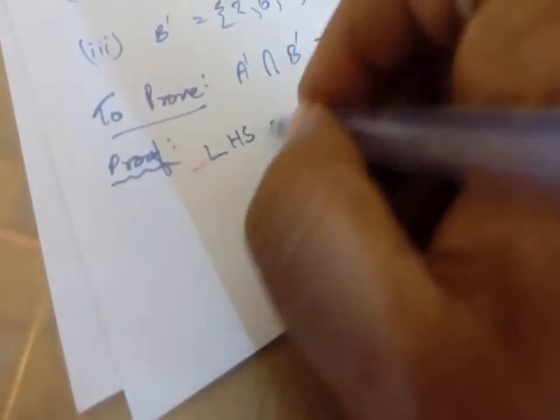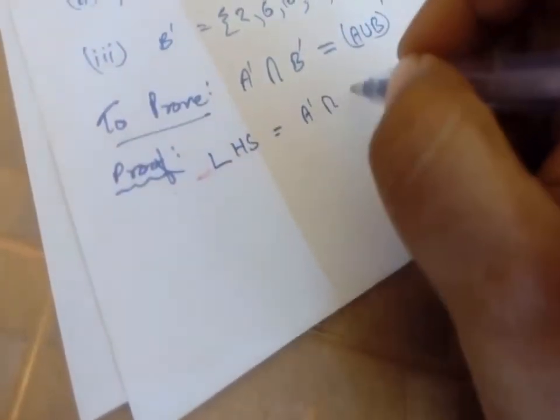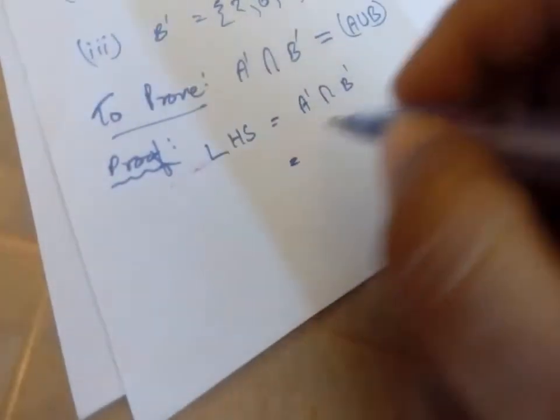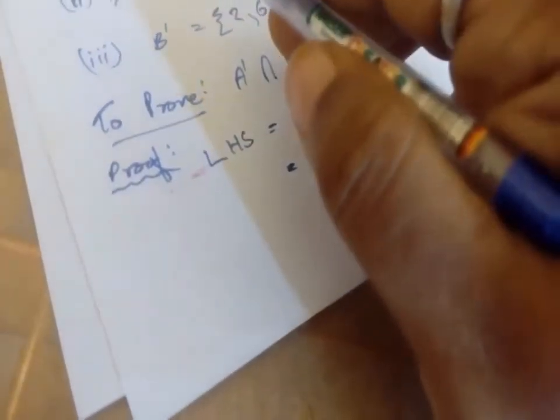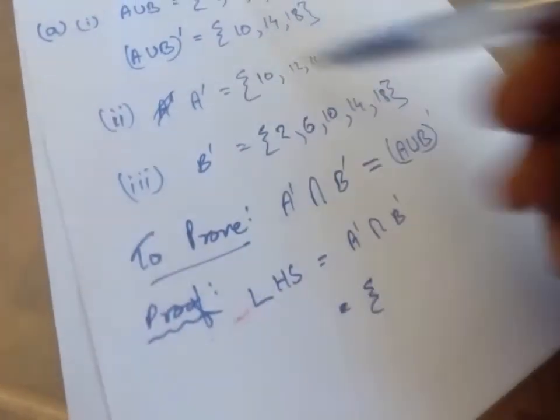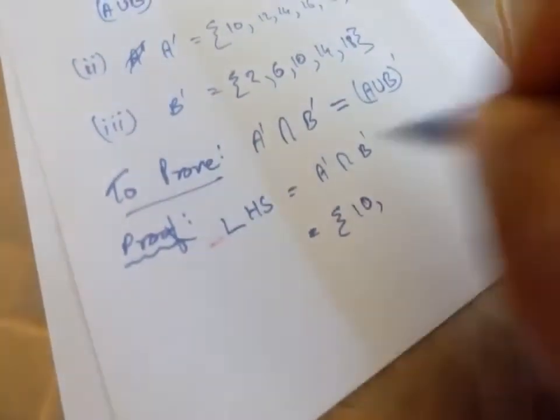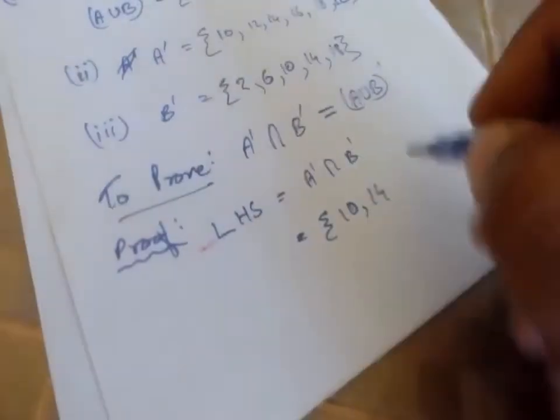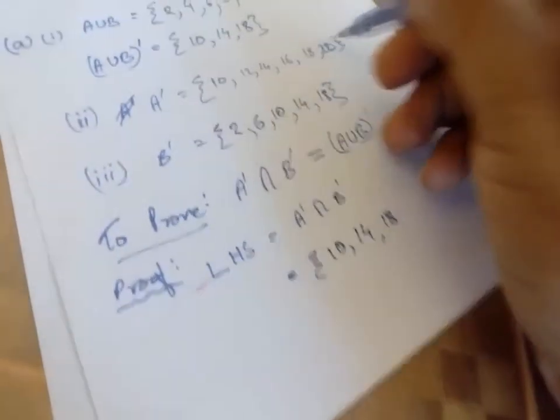So first of all, LHS, that means left hand side, equals A complement intersection B complement, that is the common elements between them. See, 10 is here, so we will write 10 first. Then 12 is not here, we will omit that. 14 is here, so 14 we will write down. 16 is not here, 18 is here, so 18. Then 20 is not here.